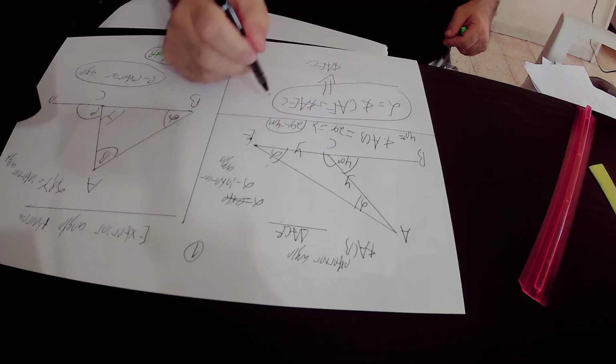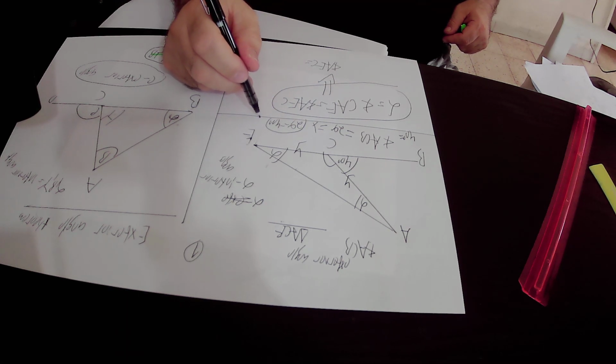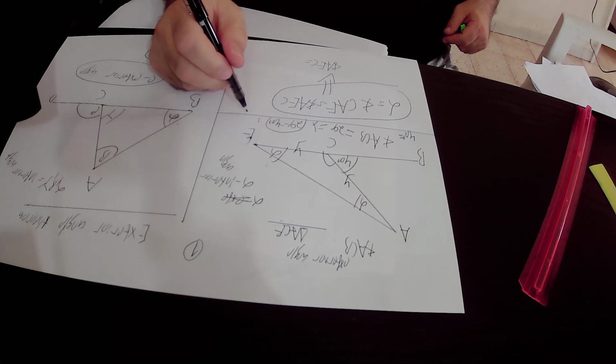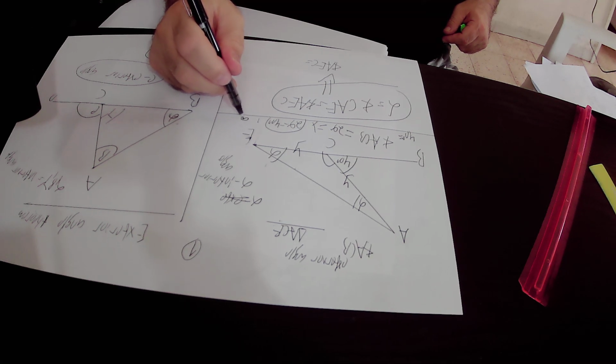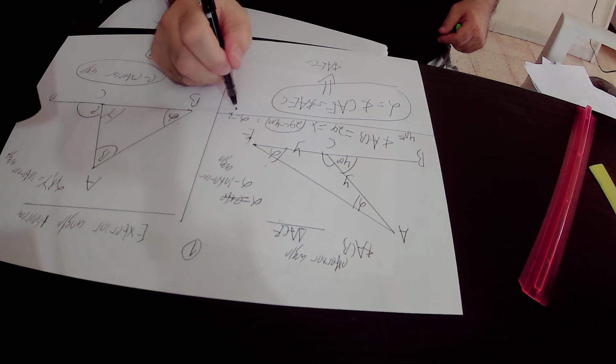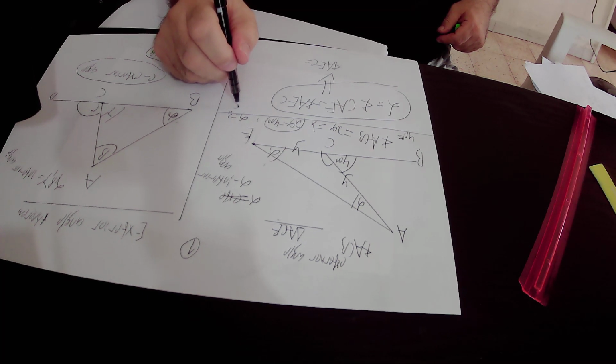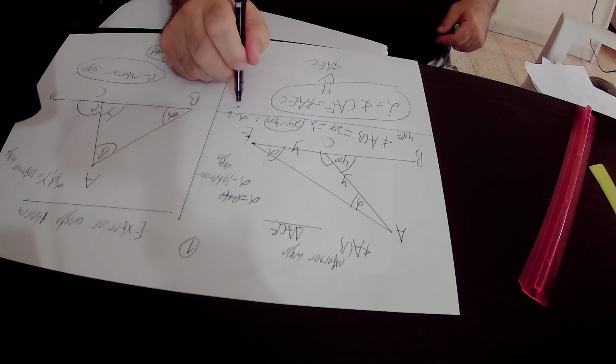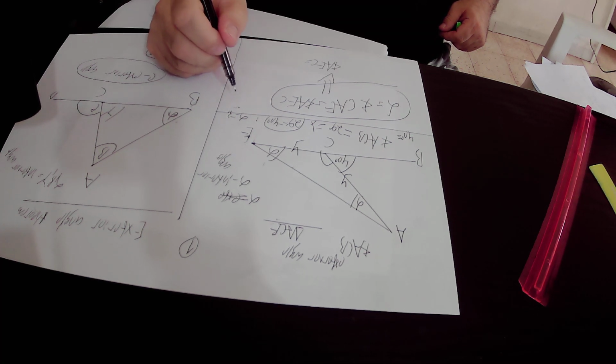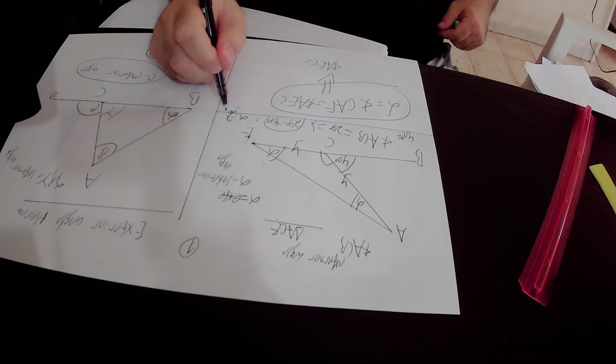We divide this equation by 2, and we get that alpha equals 40 degrees over 2, which is 20 degrees. So we found out that angle alpha equals 20 degrees.